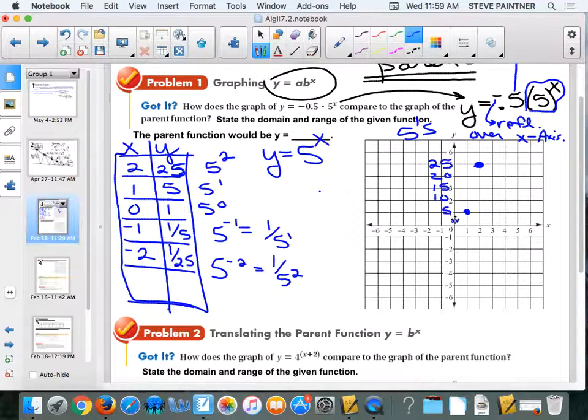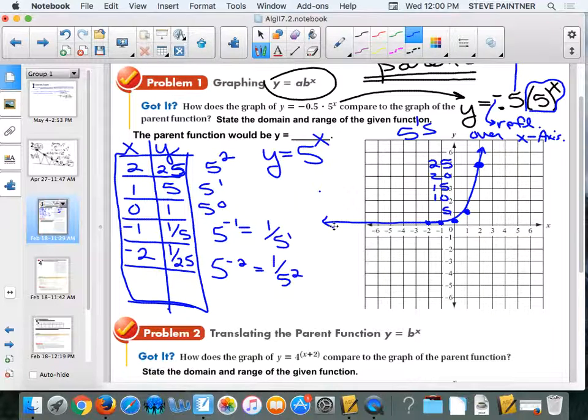And -1 and -2 get really tiny numbers like 1/5, 1/25. So you're going to be just a little bit above the x-axis. See the growth? Remember what it does on the backside. It just does what? No idea? It rides the x-axis, doesn't it? There it goes. Okay. So that's the parent, correct?